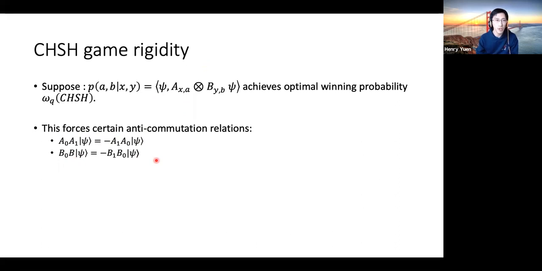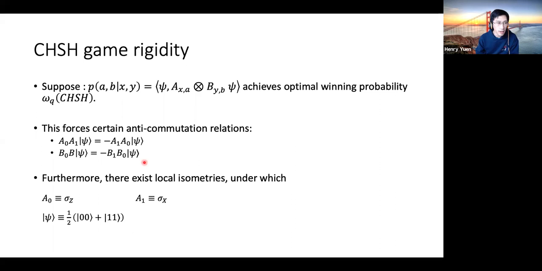You deduce this generically from the fact that they have this optimal winning probability. Furthermore, there exist local isometries, local to each box's Hilbert space, under which the observables A0 and A1, if you apply the isometry, look like the sigma Z and sigma X operators, which is the textbook strategy I described.